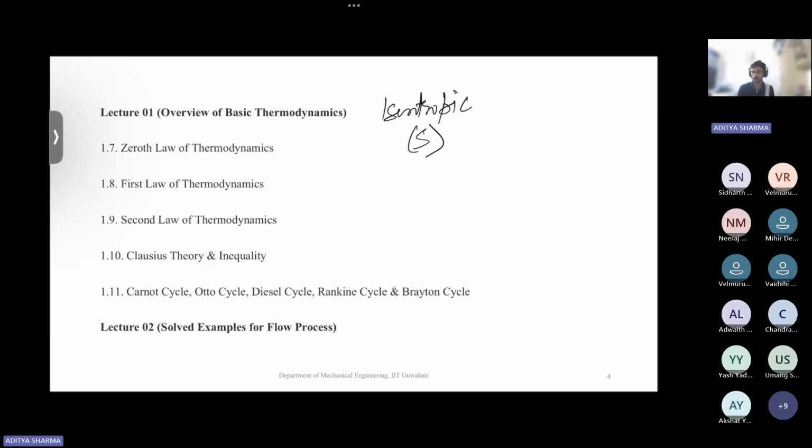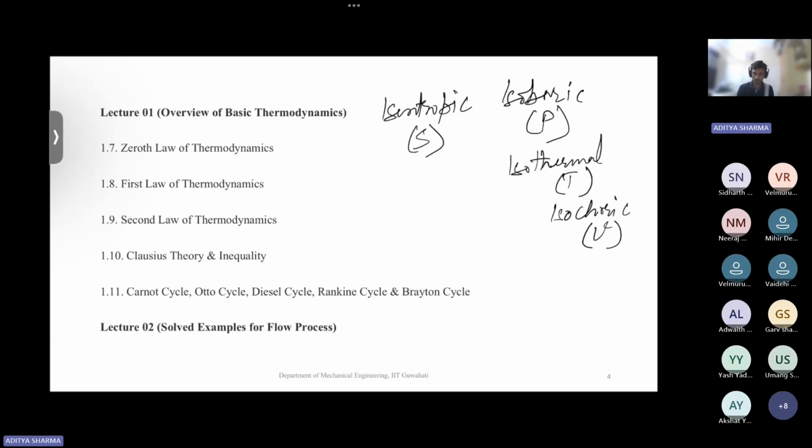What is isobaric? Bar is for pressure, where pressure is constant. What is isothermal? Where temperature is constant. Isochoric, where your volume is constant. So these are types of processes.